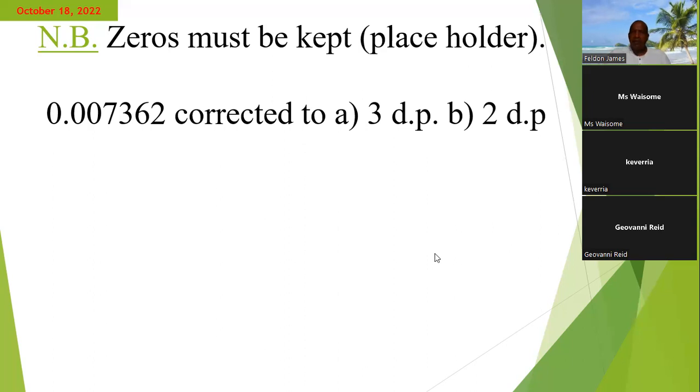Three decimal places, what would we have here? 0.007. Any agreement with what Mr. Reed just said? Raise your hand.